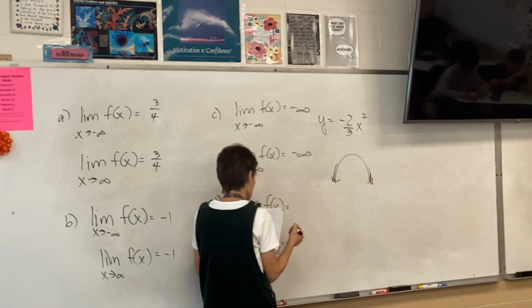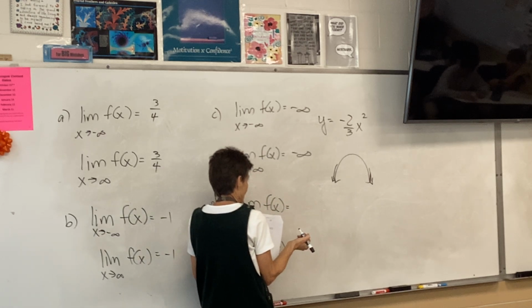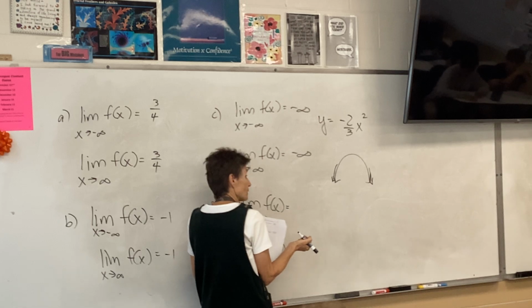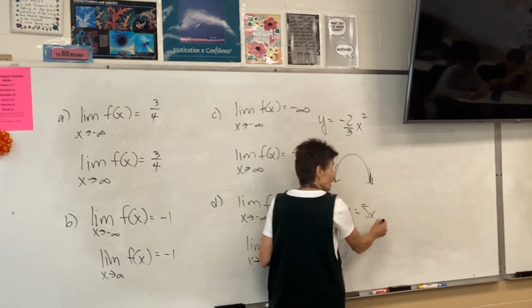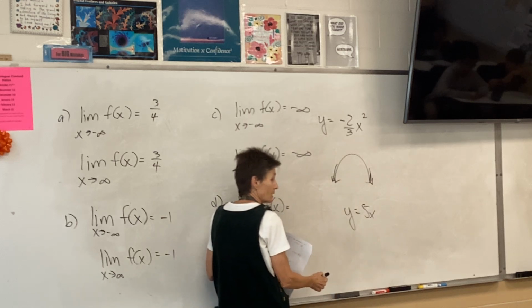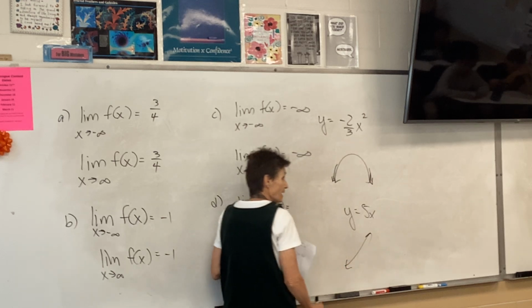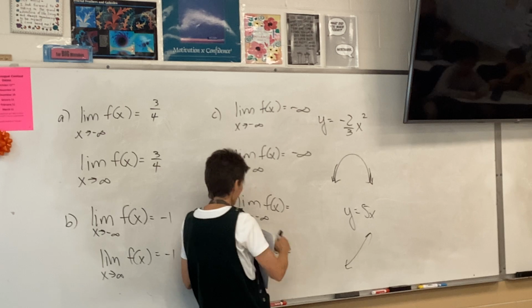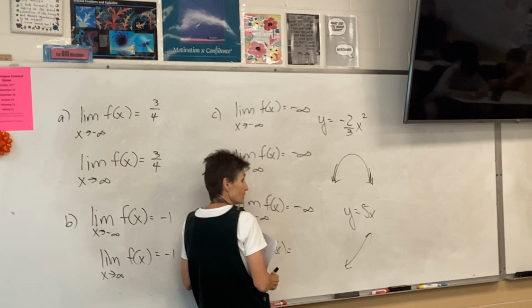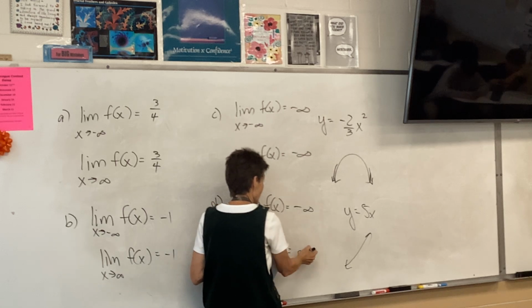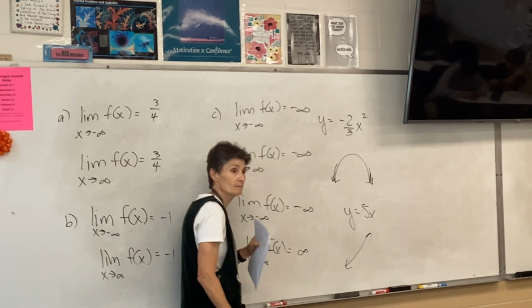All right, what about D? Same thing, isn't that one gonna be 5x? What does 5x look like? That. So on the left, we are going down, and on the right, we are going up.